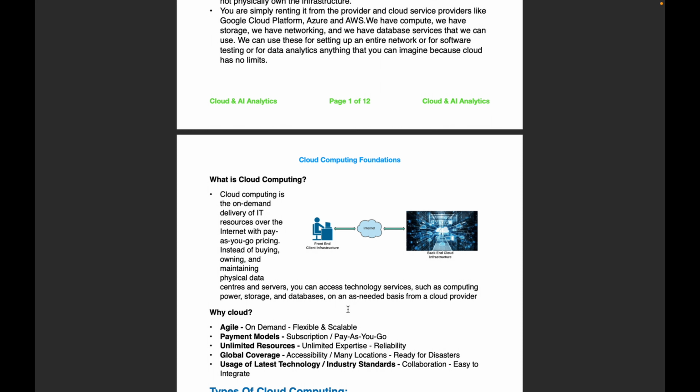By this, our application will be available all the time, and there will be very minimal loss of data, even if data is transferred from one region to another region. We can have some issues with latency, but still our application is available all the time, and there is very minimal loss of data.